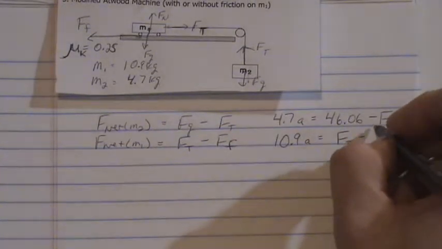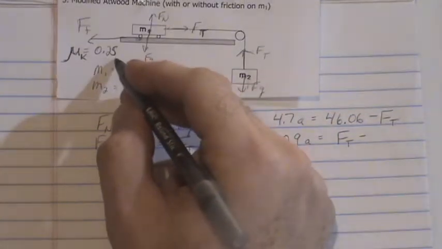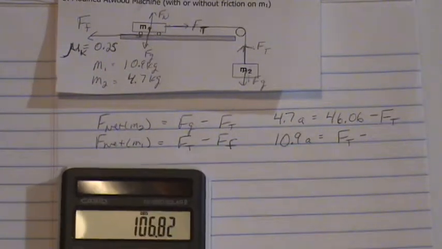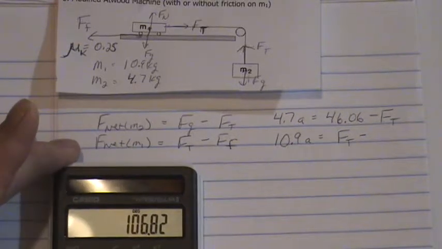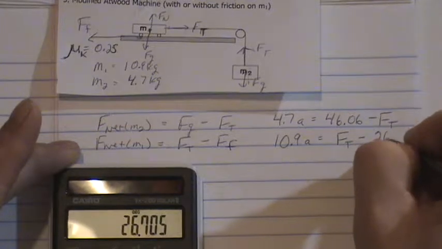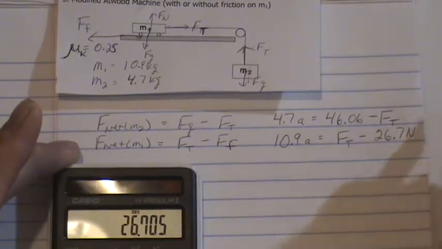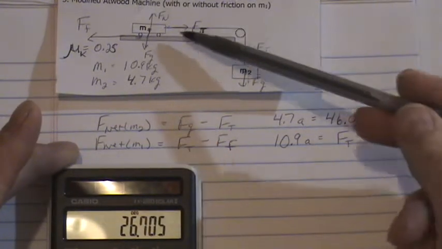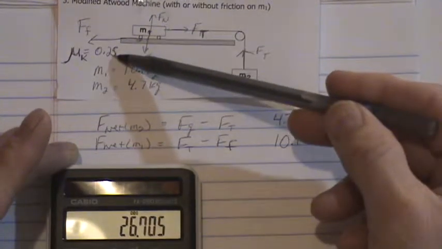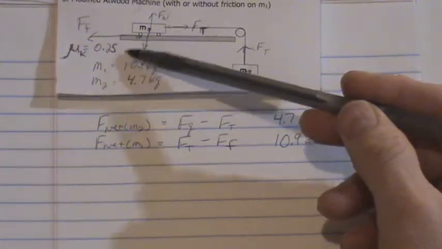So it's going to be 107 times this 0.25. I'm just going to do all of that math. It was actually 106.82, but if we take that times 0.25, it's 26.7. So let's use the 26.7 newtons for the force of friction. Once again, I took the mass times the acceleration of gravity to get the normal force, and then we multiply that times the coefficient of friction. Right?